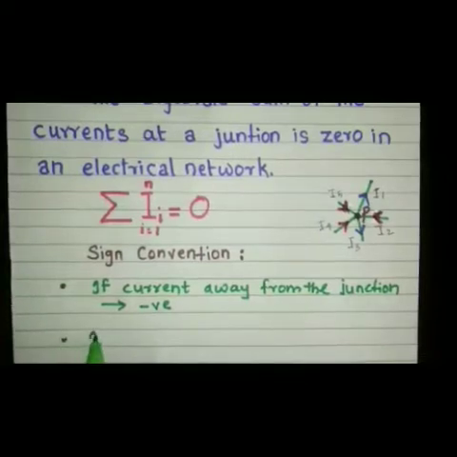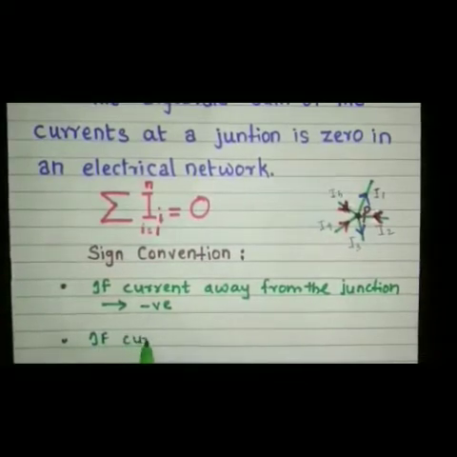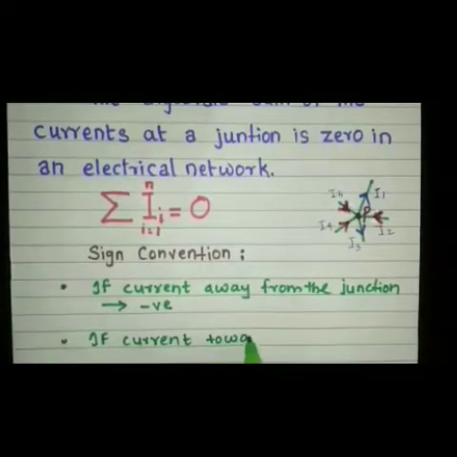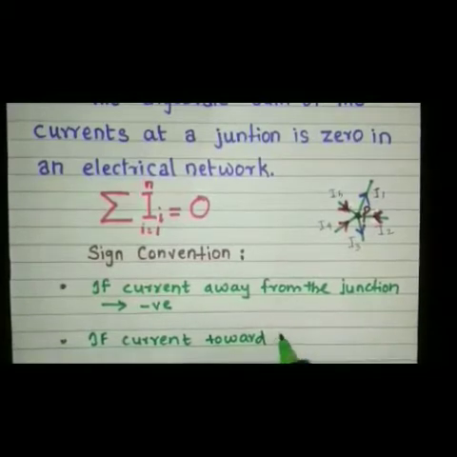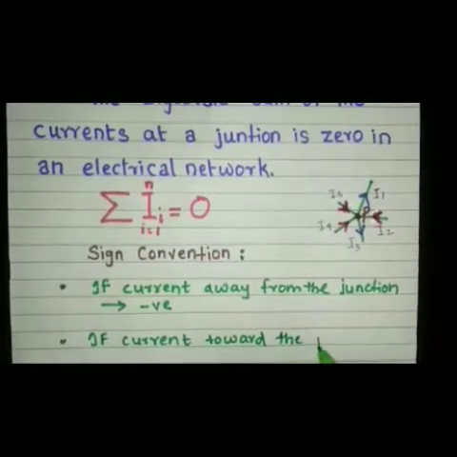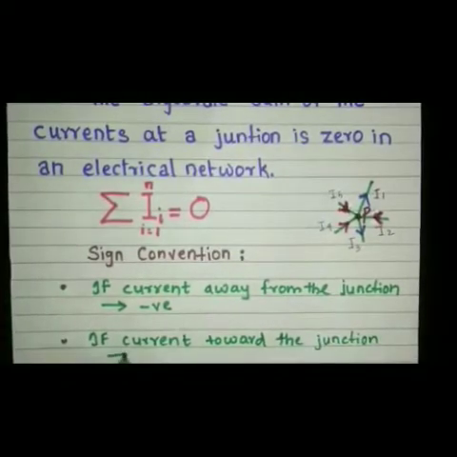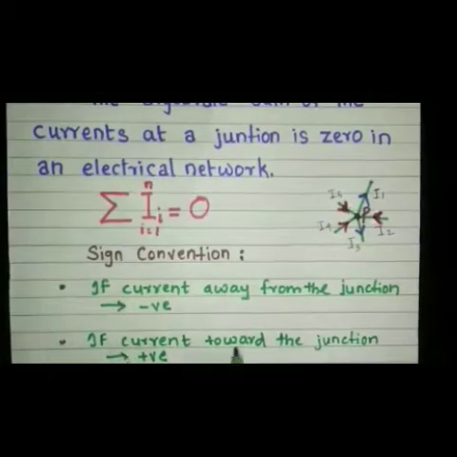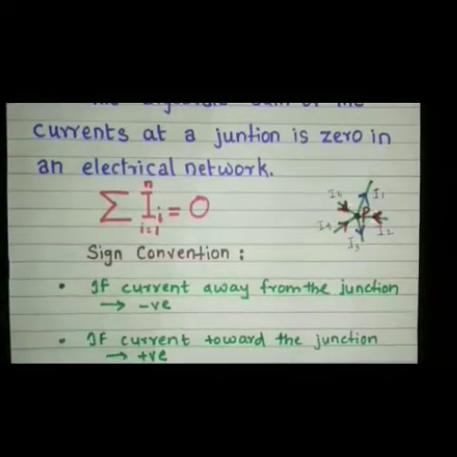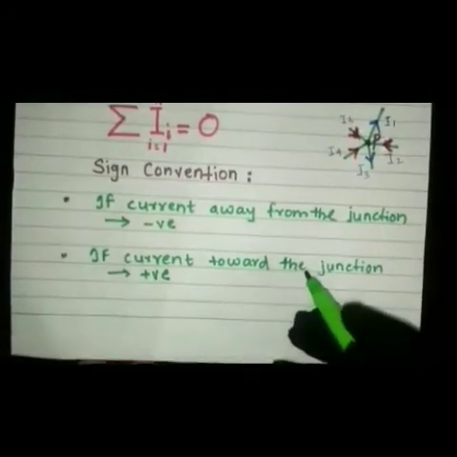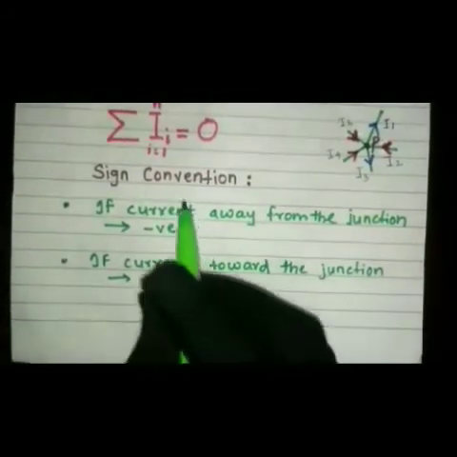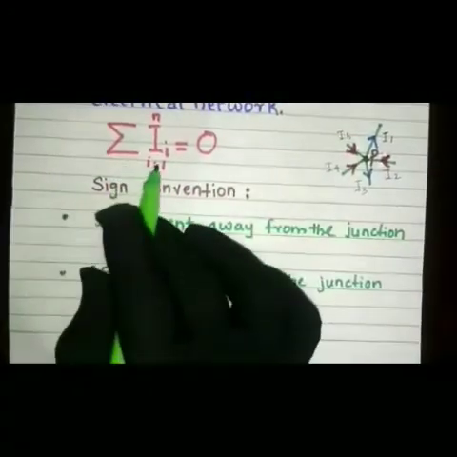Second convention, if current is towards the junction, or arriving at the junction, the sign will be positive. So these are Kirchhoff's sign conventions. By the law, Kirchhoff's law states that summation of I is equal to 0.